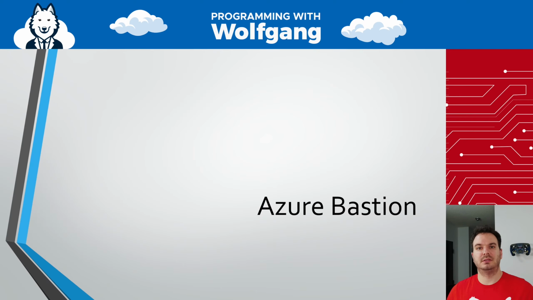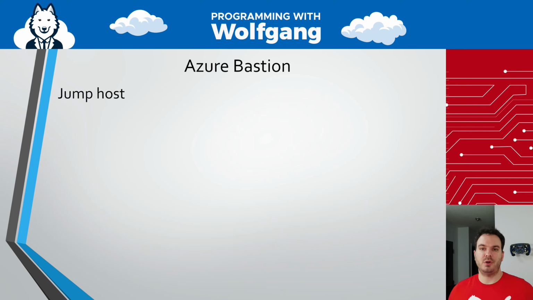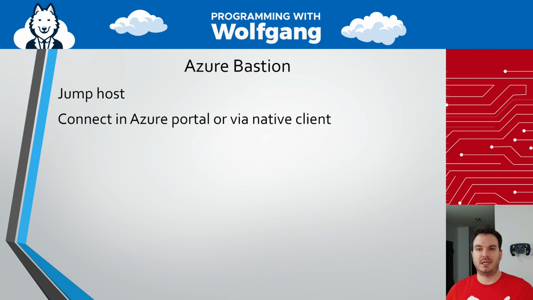But before we do this, let's have a quick look at what Azure Bastion is and why we want to use it. The main purpose of Azure Bastion is that it's a jump host. This means we connect to Bastion first, and then from Bastion we connect to our VMs. And we can connect via the Azure portal or via a native client.